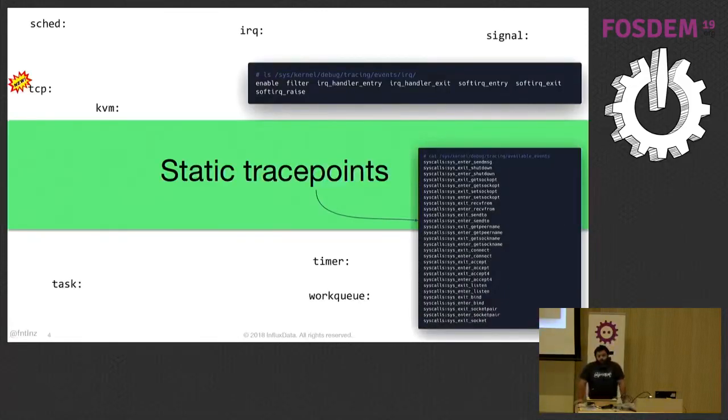BPF itself is not about extracting information or instrumenting the kernel, but it is something you can use to instrument other frameworks that are already in the kernel. For example, the kernel has some tracing backends that you can use: static trace points, kprobes, uprobes.